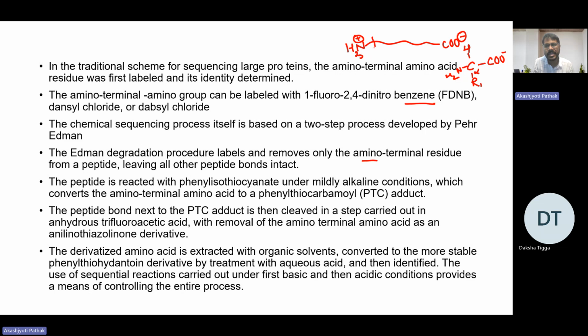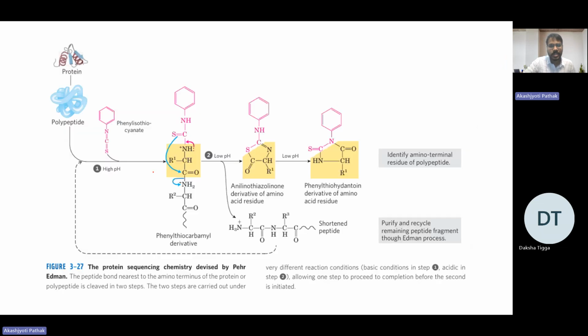And by changing the pH, one by one, these amino acid residues can be cleaved, and we can have multiple cycles of this and ultimately sequence the protein. So let's understand through this figure.